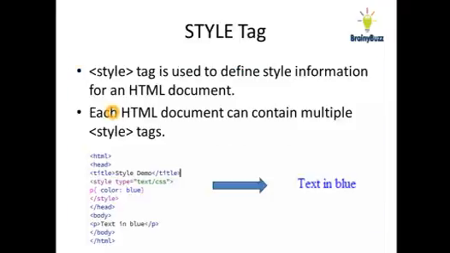The style tag is used to define the style information for the HTML document. Supposing you want to color a particular paragraph, instead of putting the font tag, you can put the style tag. I'll show you this demo.